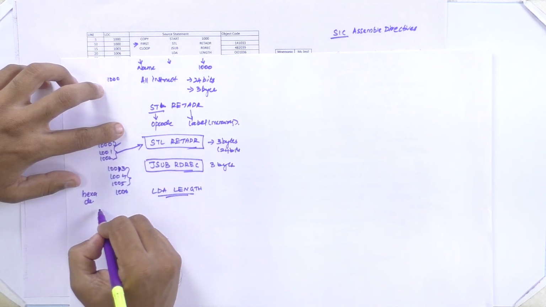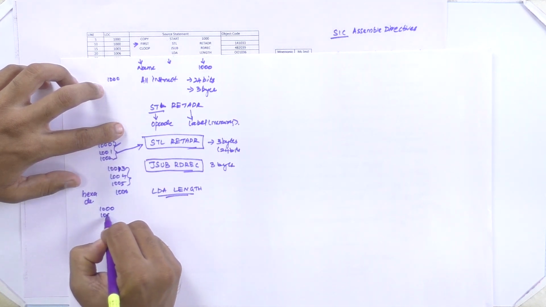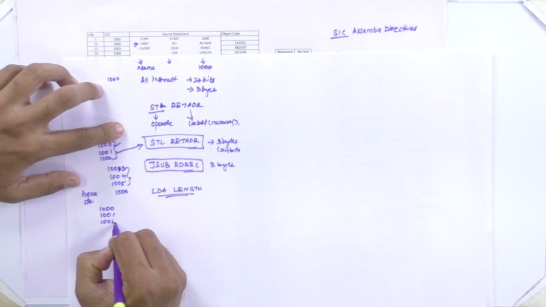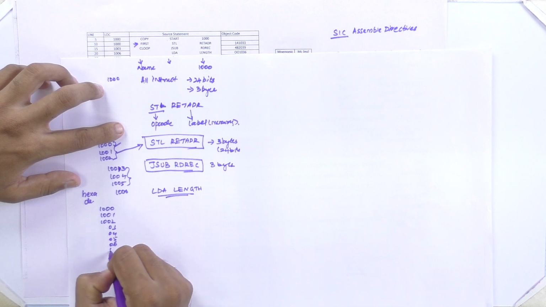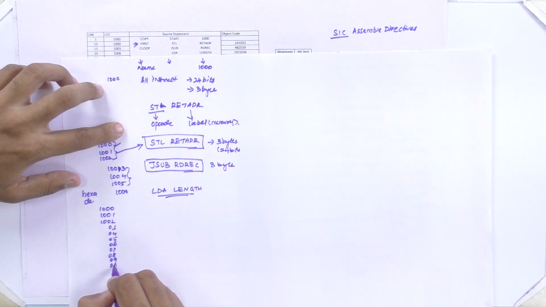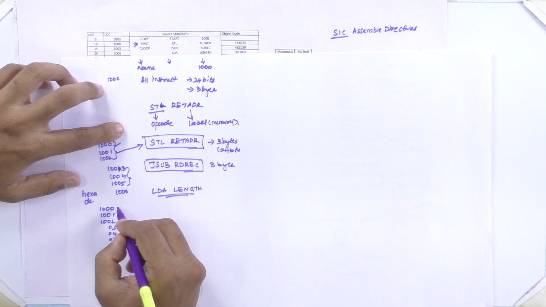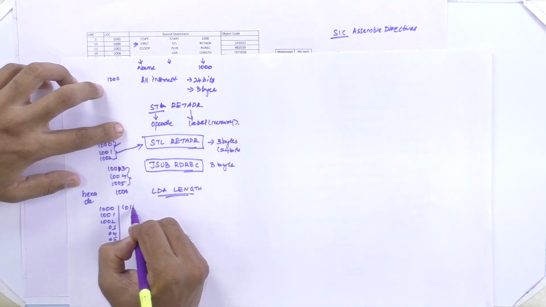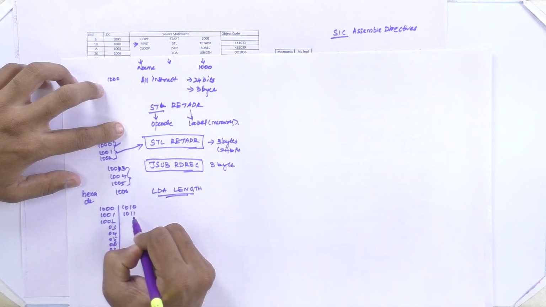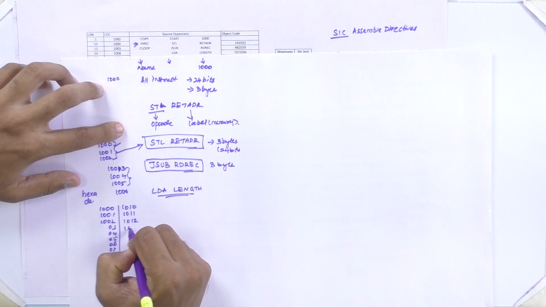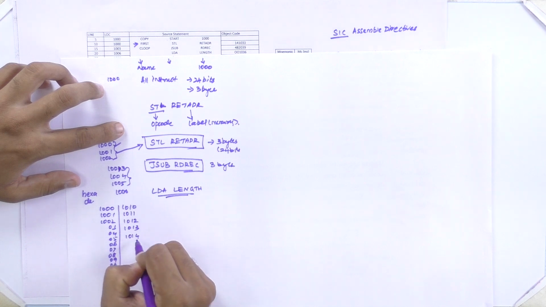So from 1000 we will start like this: 1000, 1001, 1002, 3, 4, 5, 6, 7, 8, 9. After that it will be 0A, B, C, D, E, F. Then after that the next step will start 1010, 1011, 1012, 1013, 1014.